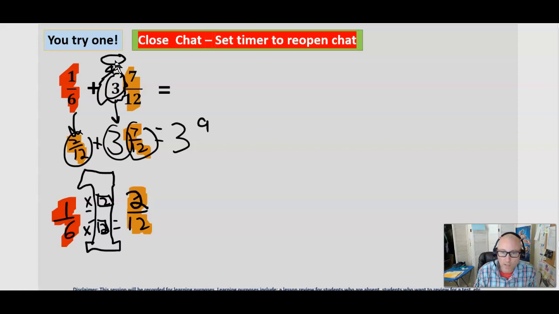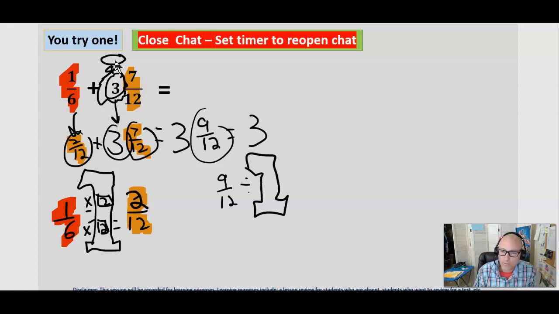7, 8, 9/12ths. But you may have simplified this 9/12ths. So it could be 3. What is the greatest common factor? Is that what I'm looking for? Yeah, and we're dividing to simplify this down.